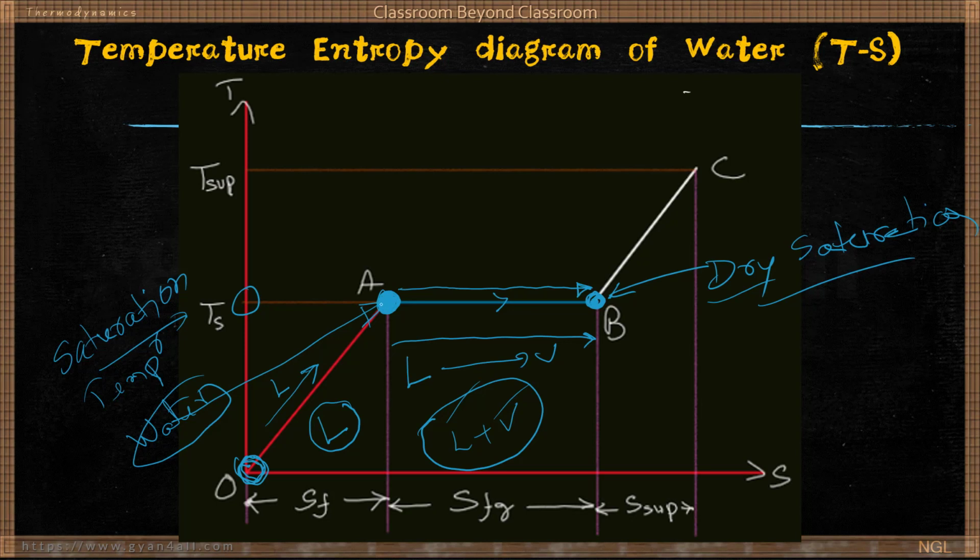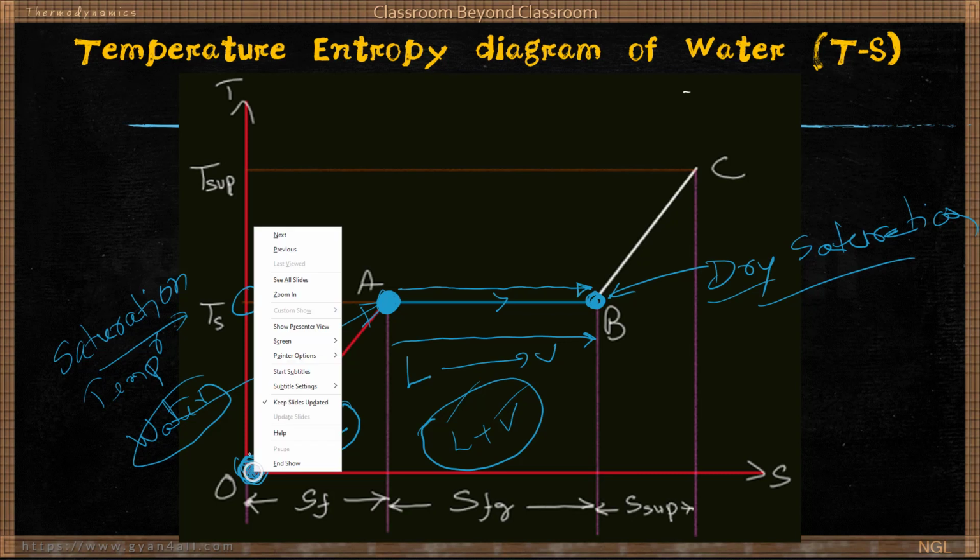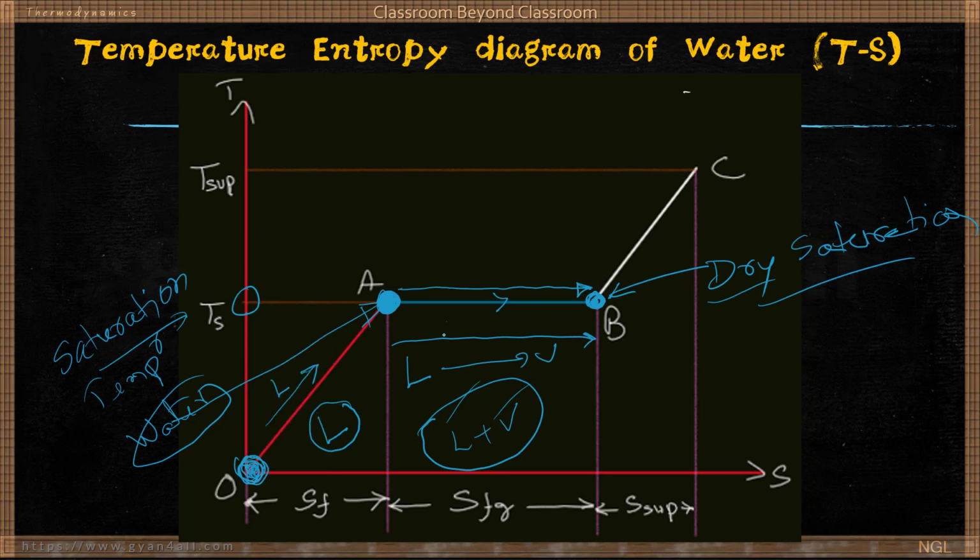Now what is the difference? A is at saturation temperature, but O is at 0 degree centigrade. Maybe different also, but we will call it 0 degree centigrade. Now what is B? Same temperature. B is the steam at TS, saturation temperature.